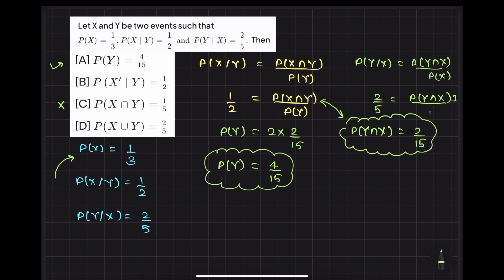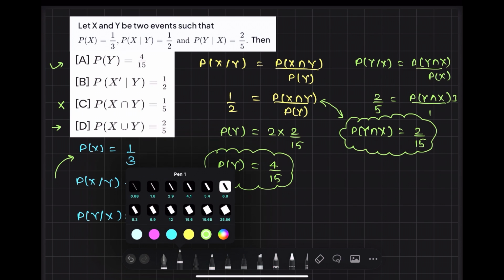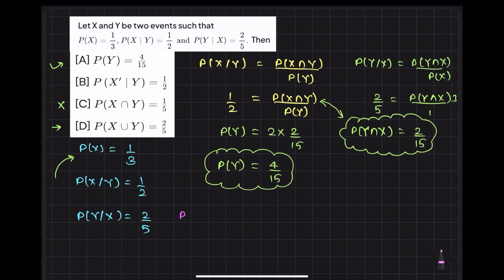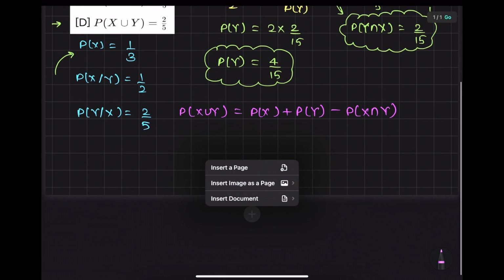Now look at this. So can I write this as, wait a moment, I will be writing P of X union Y equals P of X plus P of Y minus P of X intersection Y. In place of n, you guys can write P. How can you write?